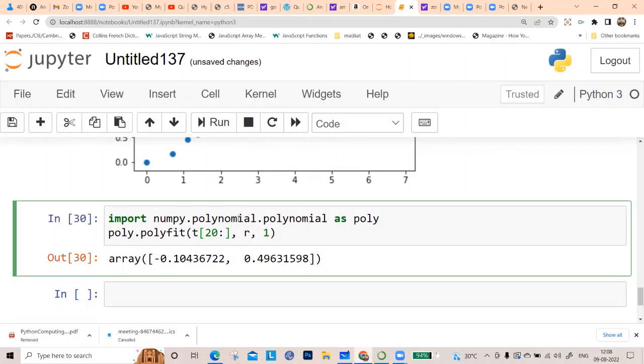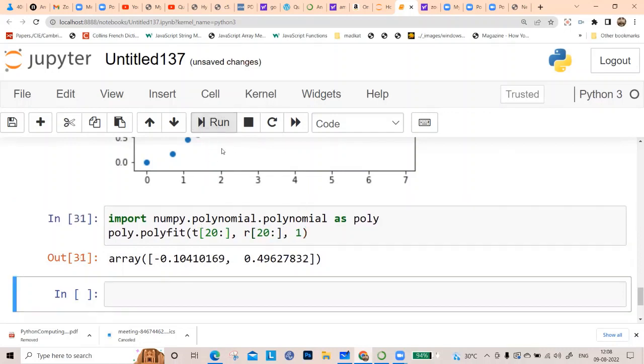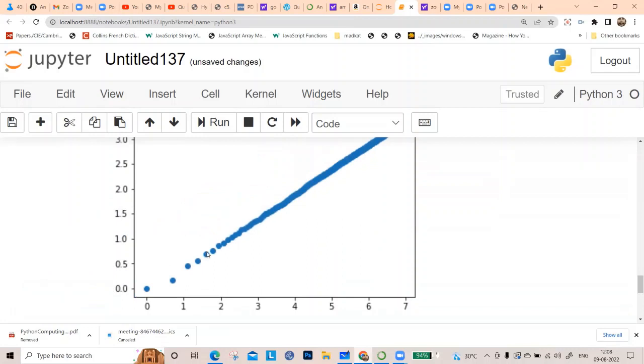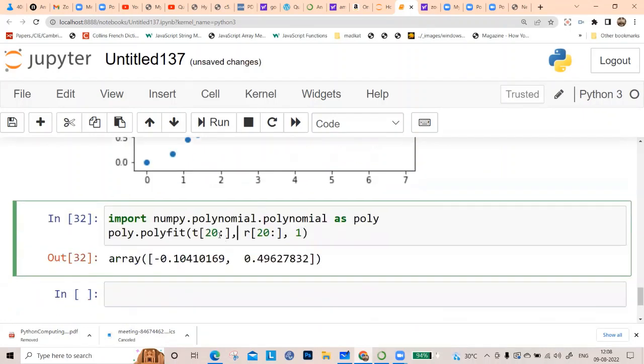This is slicing. We discard points 0 to 19 and start from 20 until the end. Here also I do 20, comma this. Let me run it again. But it's not very much improved. We could discard many more points, maybe 50 points or 100 points.